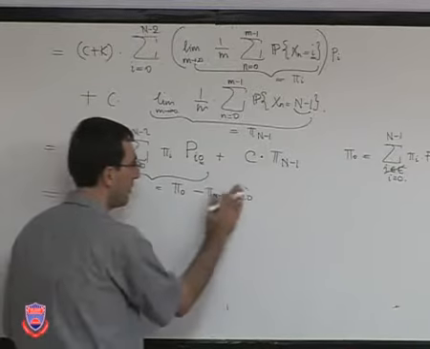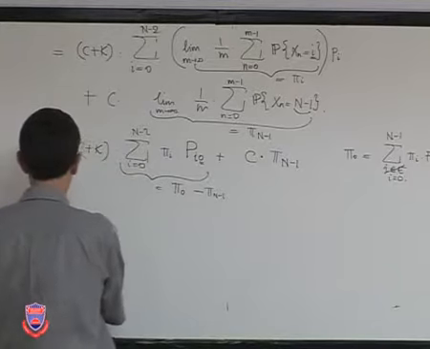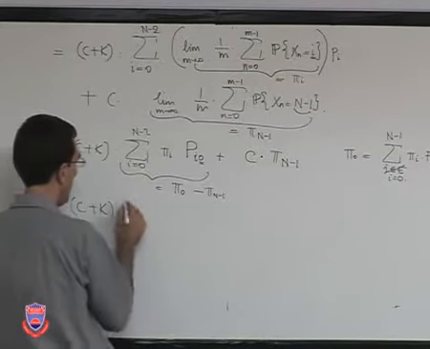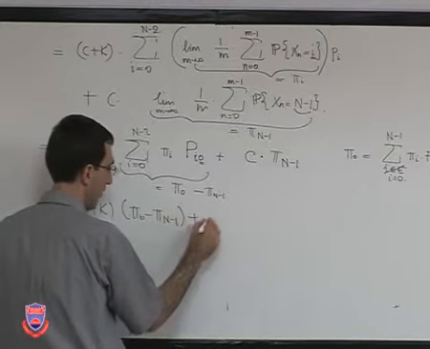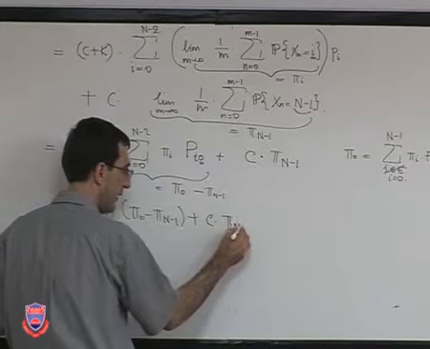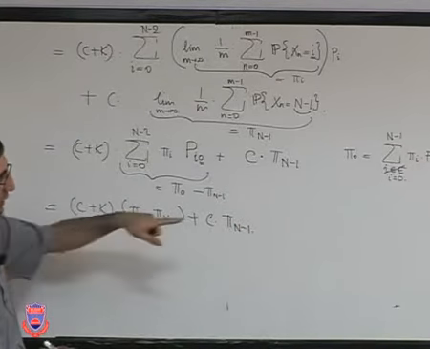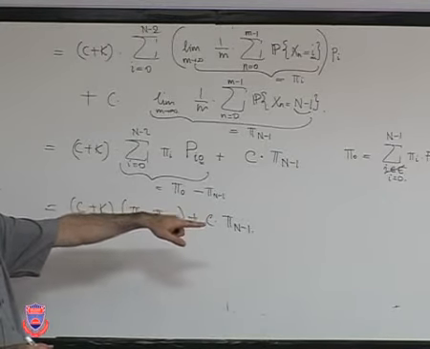So we know what this is now, therefore we can simplify things. C plus K times pi_0 minus pi_{n-1}, plus C times pi_{n-1}. And is this the same as what Gizem suggested before? I guess it is the same.